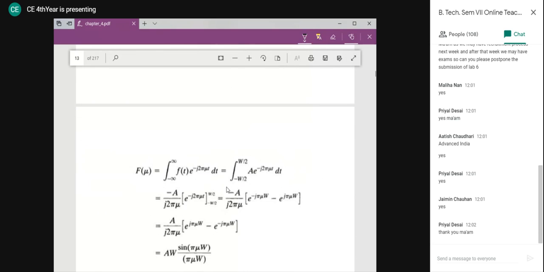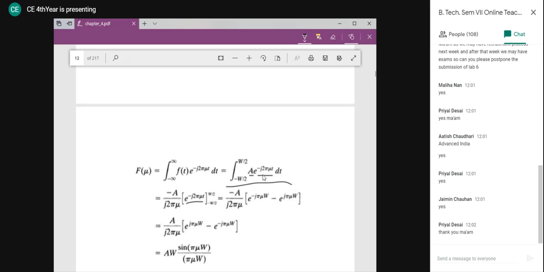Up to this, I think everyone should be clear, right? It is from minus w by 2 to w by 2, with my function a and my exponential there. Then a will come out. The exponential is going to get integrated from minus w by 2 to w by 2.